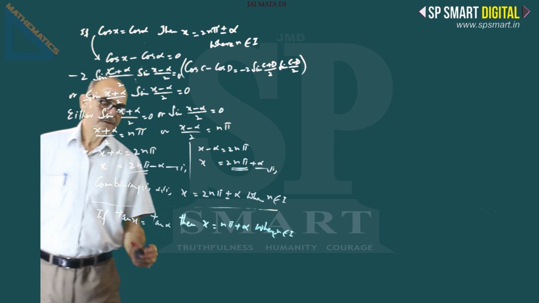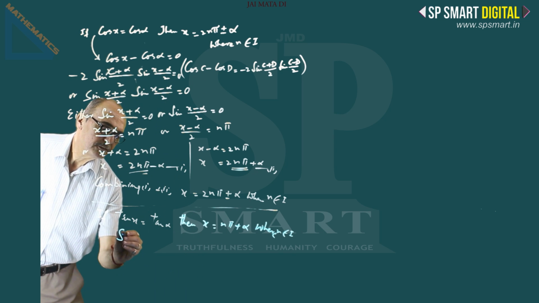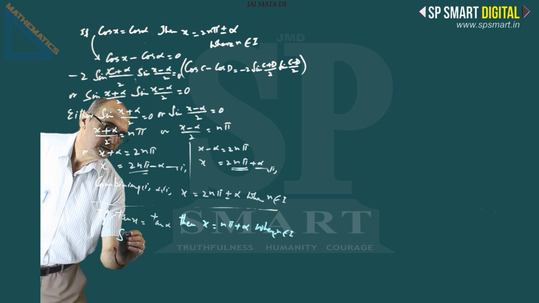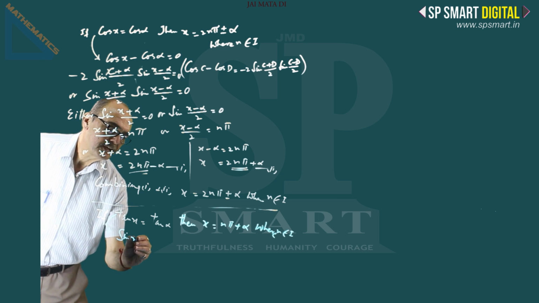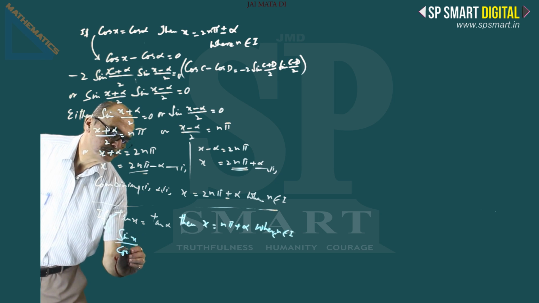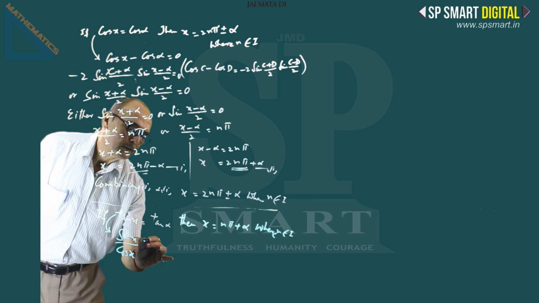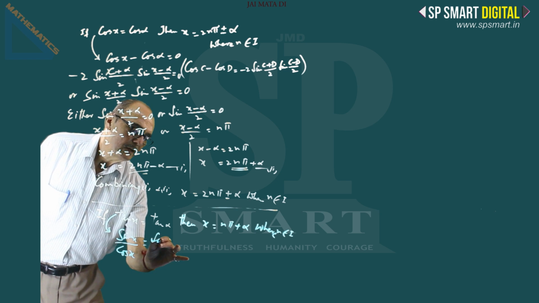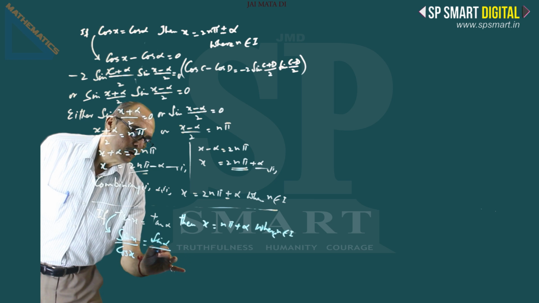I can write this down as, tan x is sin x upon cos x, equal to sin alpha over cos alpha.